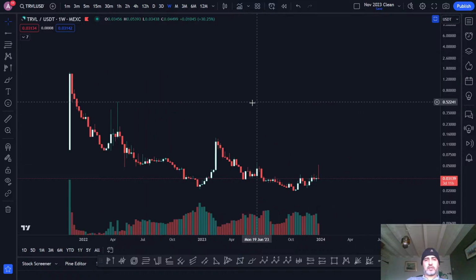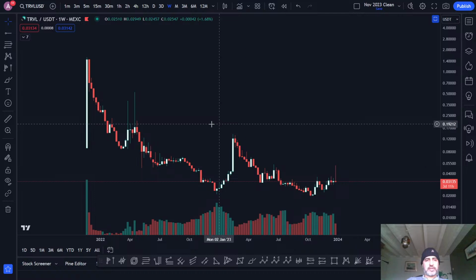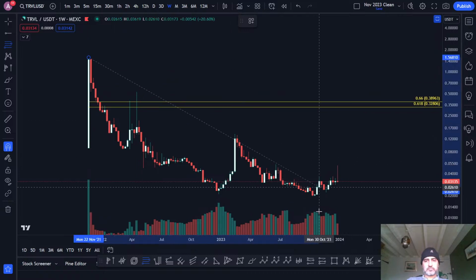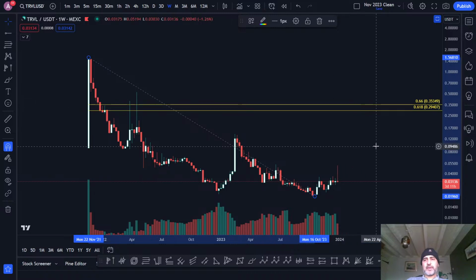In this chart, there are certain key levels, levels of interest. I'll give you one of them, for example. We're somewhere around there, so these kind of wick highs.